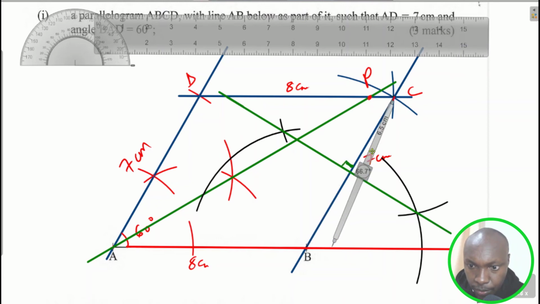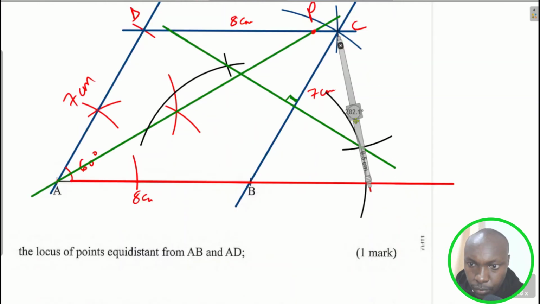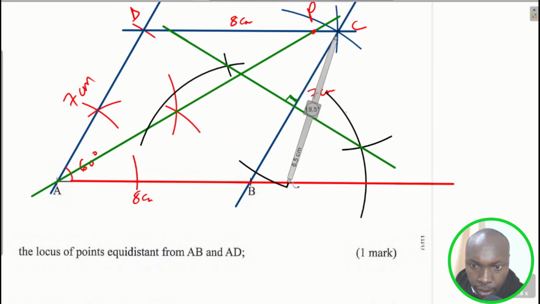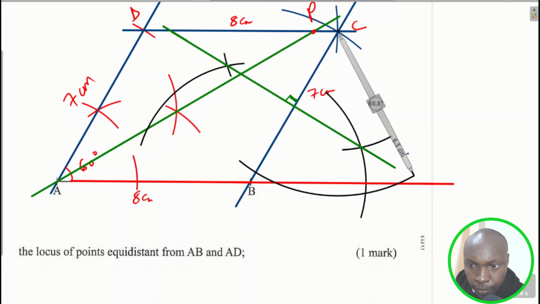So standing at C, mark any two arcs, provided they touch that extended line.